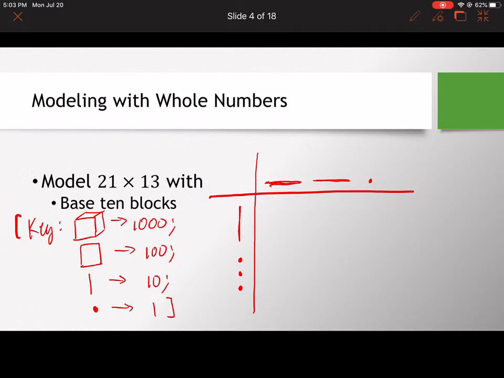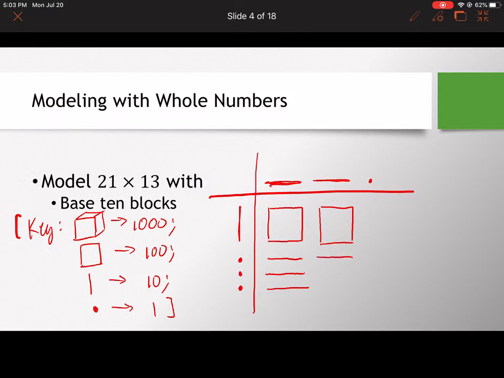So for the first column here, we have 10 times 10, which is 100. And we'll have 10 times 1, which is 10. Filling in here, 10 times 1 again, and 10 times 1 again. As we move over to the next column, we have another 10 there, so we'll do 10 times 10 here.